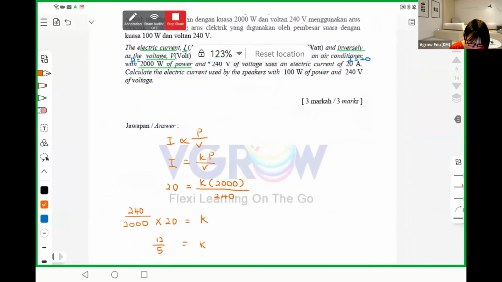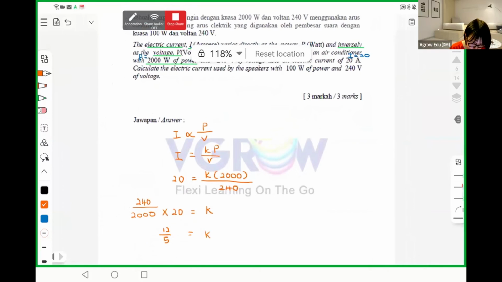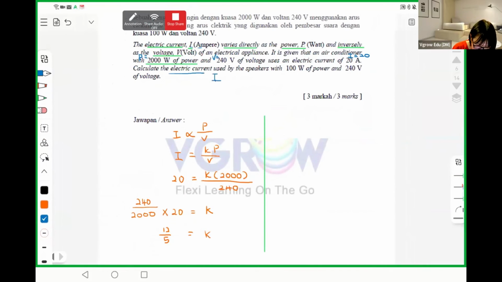So next, we can continue to find out the I with 100 watt. So 100 watt is P equal to 100, then V equal to 240. Then you can proceed: I equal to 12 over 5, times P, which is 100 over 240.